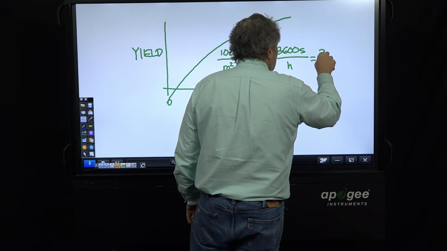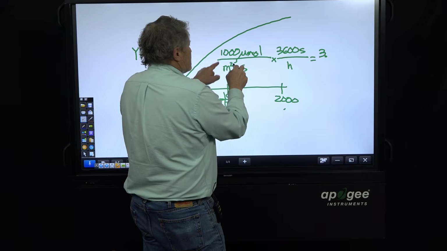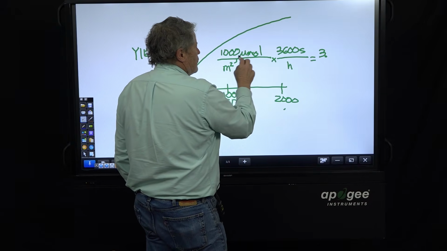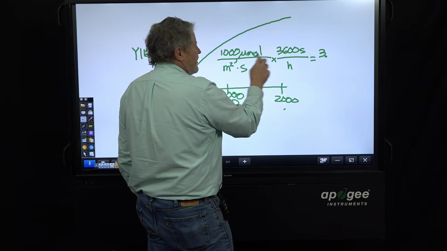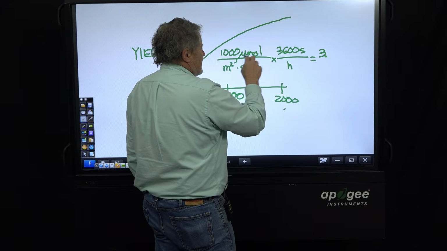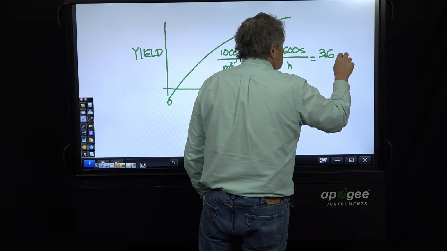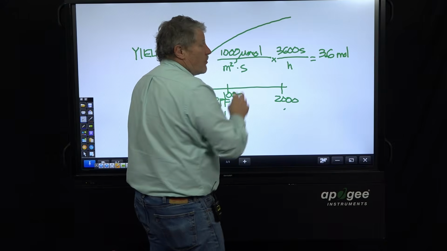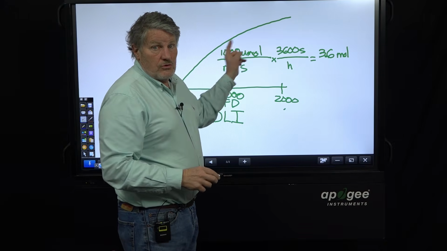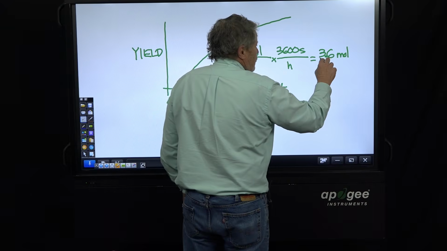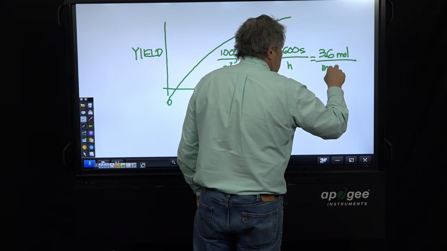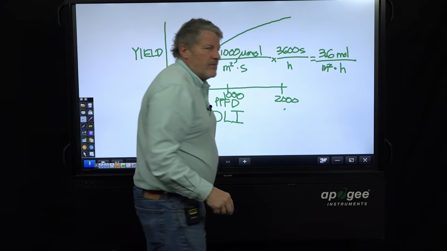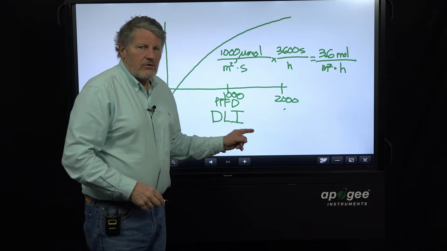So this is 3.6. Notice, this is 1,000 and that's 3,000, and when you multiply these together, the thousands cancel, and this is 3.6 moles. No micro anymore because we just multiplied two big numbers together. 3.6 moles per meter squared. Now, this is per hour. We're still not there.